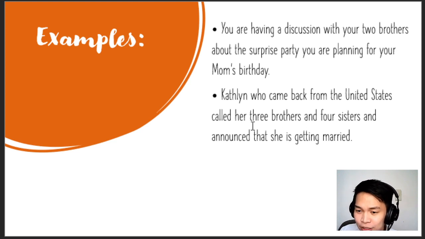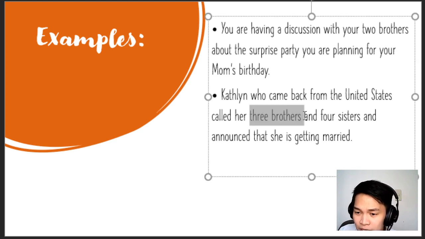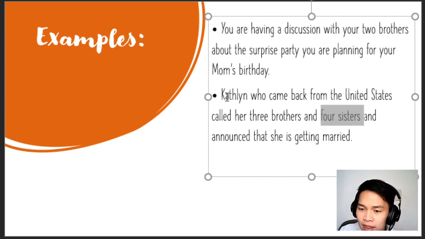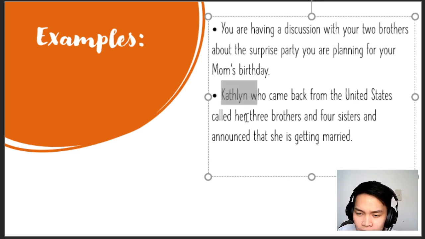So, how many characters do we have there? Three brothers and four sisters, and Kathleen. So, three plus four, that's seven, plus Kathleen, it's eight. They are eight, so that's small group.